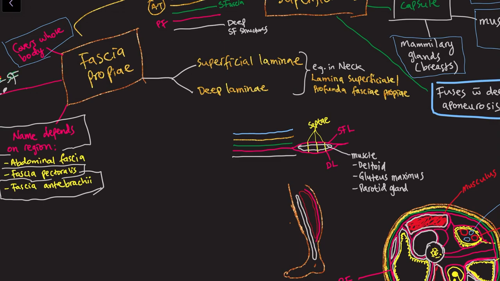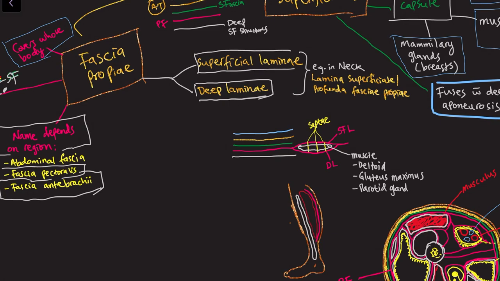For example, in the neck, the fascia keeps dividing to cover different muscles, and so it always divides into two different laminae. You would have the superficial lamina, which is closer to the skin, and the deep lamina, which is deeper. The lamina closer to the skin is called the superficial lamina, and the lamina that is deeper is known as the deep lamina.